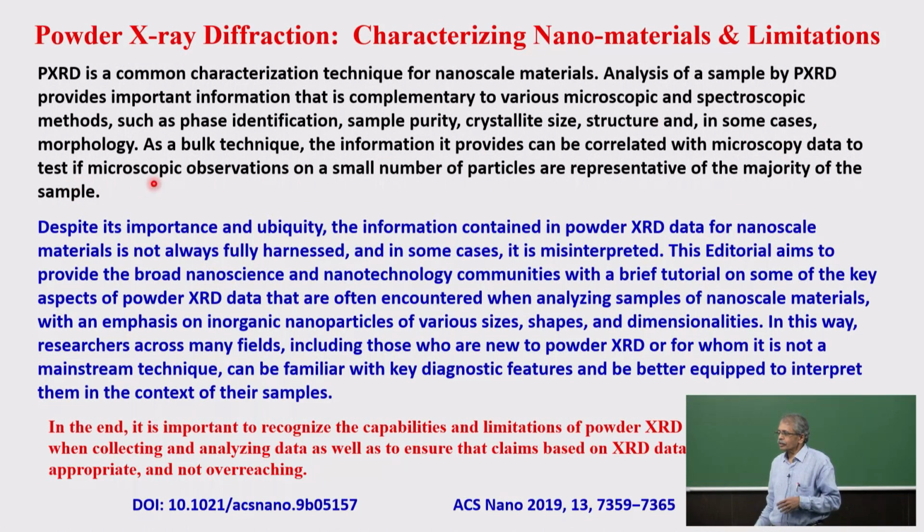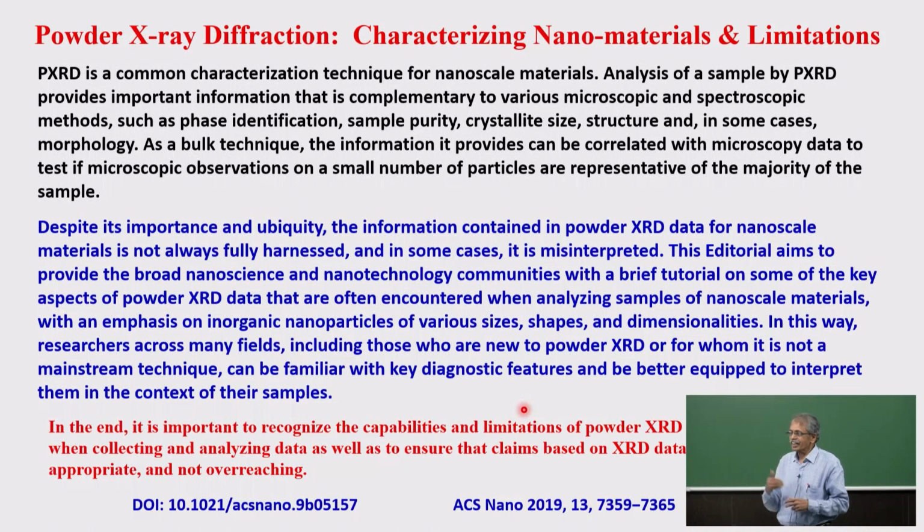Okay, so as a bulk technique, the information it provides can be correlated with the microscopy data to test whether the microscopic observations on a smaller number of particles are representative of the majority of the sample or not. Because in the TEM, obviously you are looking at each of the particles separately. In the powder, you are looking at particles oriented in various directions, and each particle may have different crystalline domains.